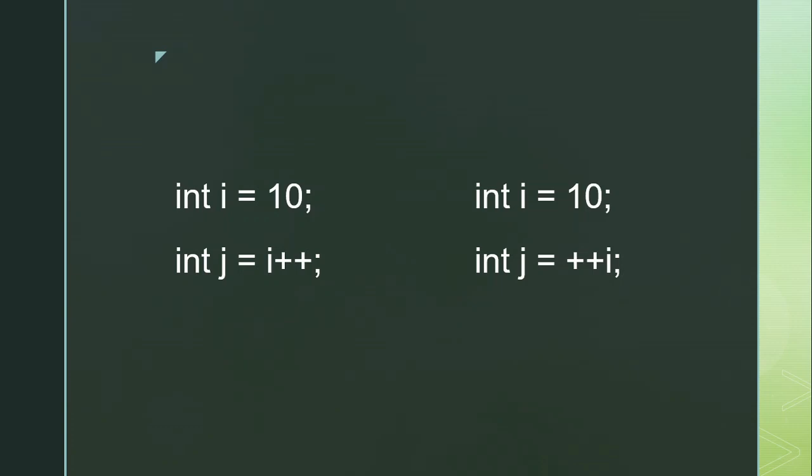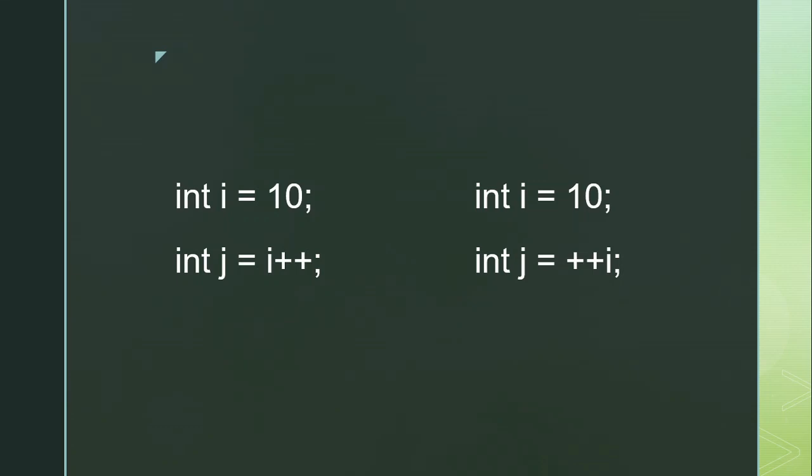The difference is, on the left, Java first saves the value of i into the variable j, and only afterwards increments it by 1. The code on the right, on the other hand, where the increment operator comes first, increases the value of i by 1 and only then saves it inside j.